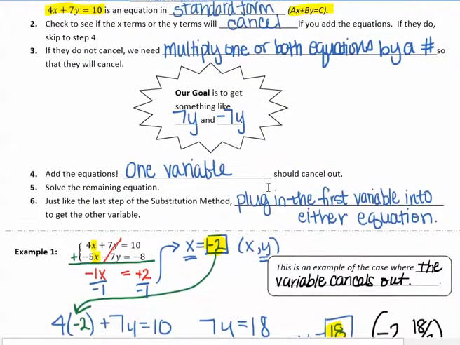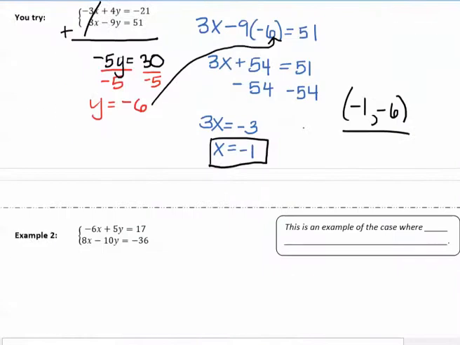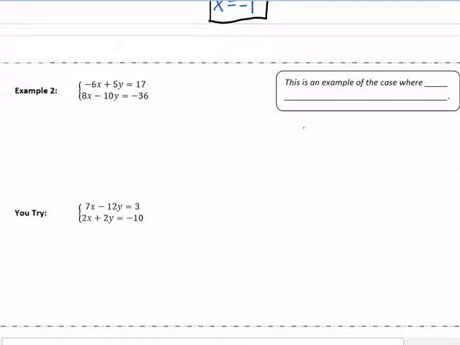So now we need to focus on this step 3, the step where, what if they don't cancel? Well, you can multiply an equation by anything you want to, but we're going to multiply equations by some number that will help us create this goal of canceling. So let's look at example 2.